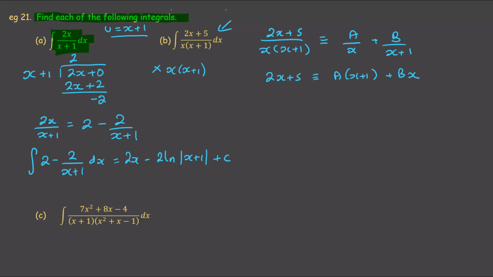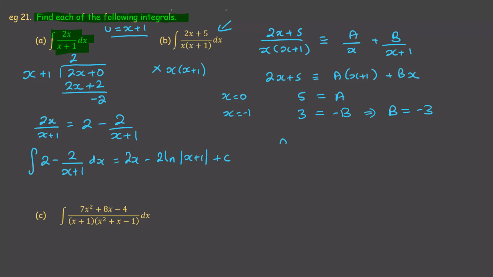Now, if I take x equals 0 here, that gives me 5 is equal to a. If I take x equals negative 1, that gives me 3 is equal to negative b, and that means that b is equal to negative 3.